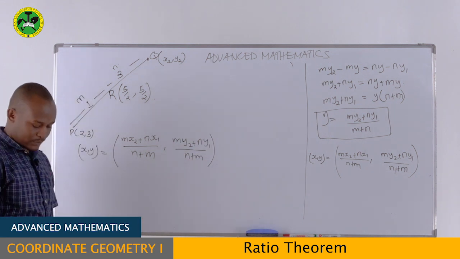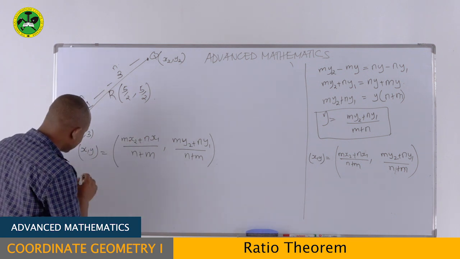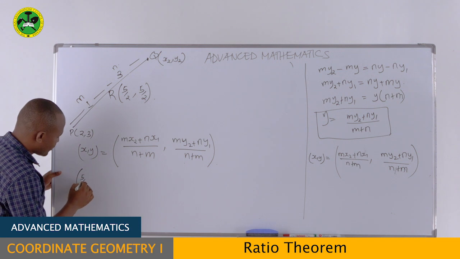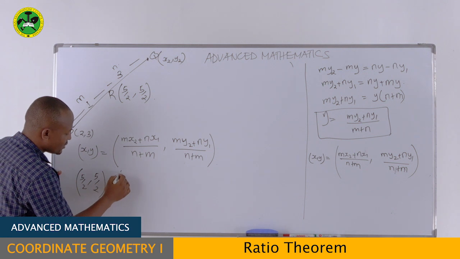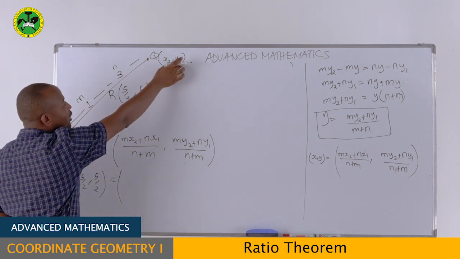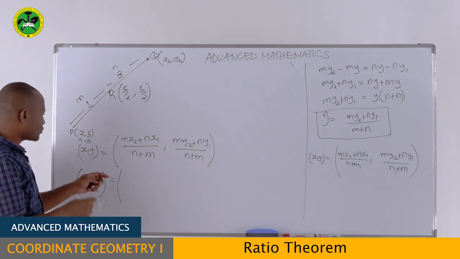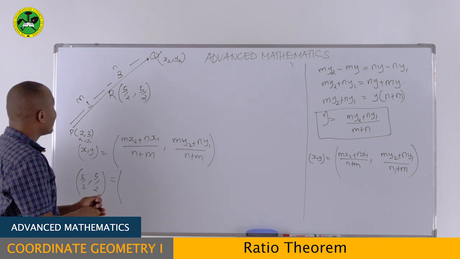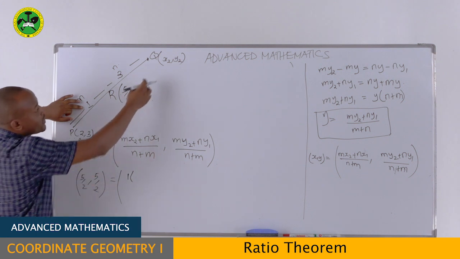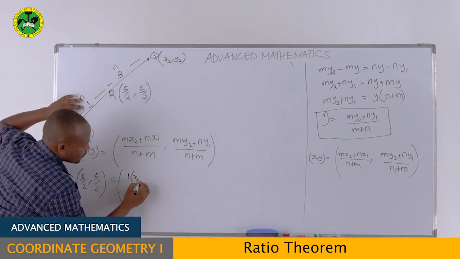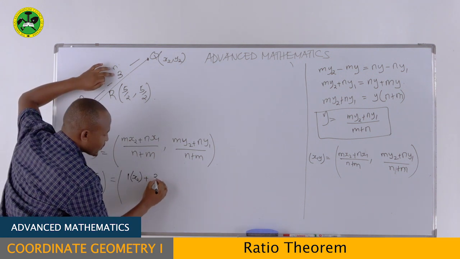This is the formula, and we've been given the point R, that is 5/2, 5/2. If these are the x2 and the y2, that means this is x1 and the y1. So we have our m, and what is our m? It is 1, and x2 is there, plus n, that is a 3.